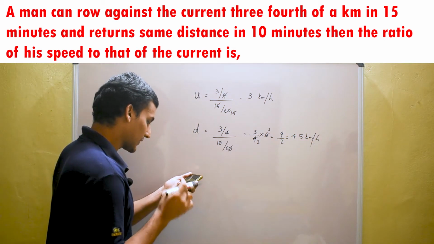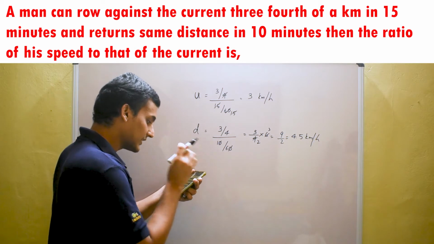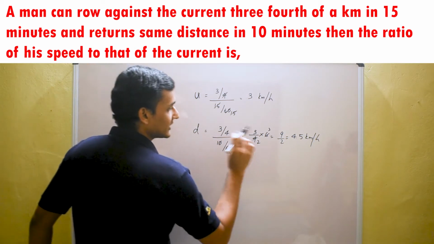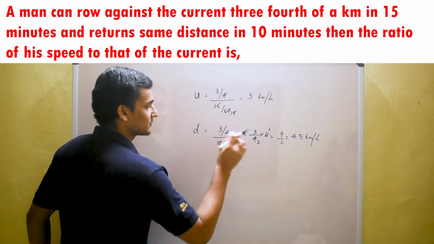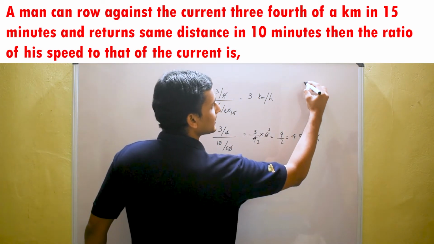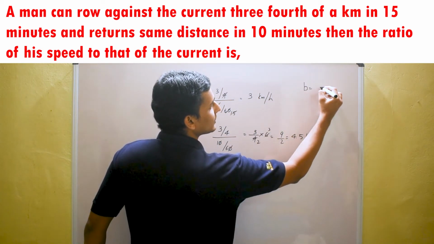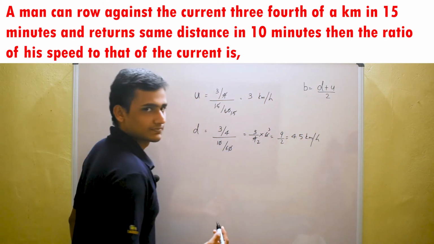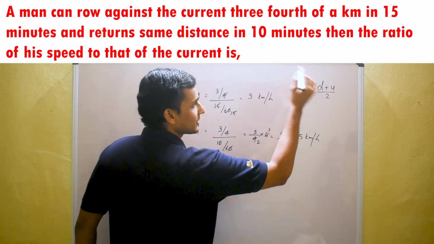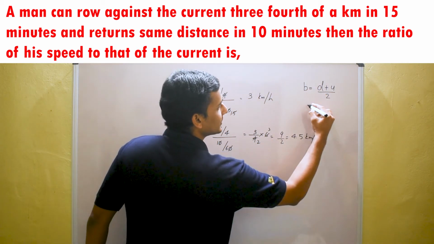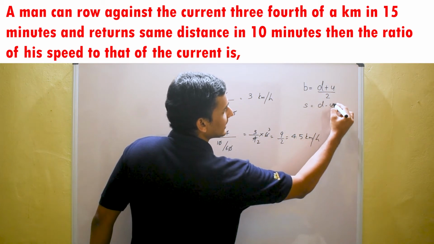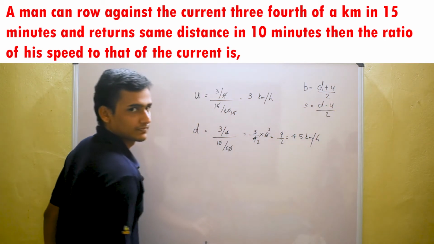Now, the question is the ratio of his speed to that of the current. His speed means speed of the boat. You know that speed of the boat B is equal to (D plus U) by 2. We have discussed this equation in the last video, and also speed of the stream is (D minus U) by 2.